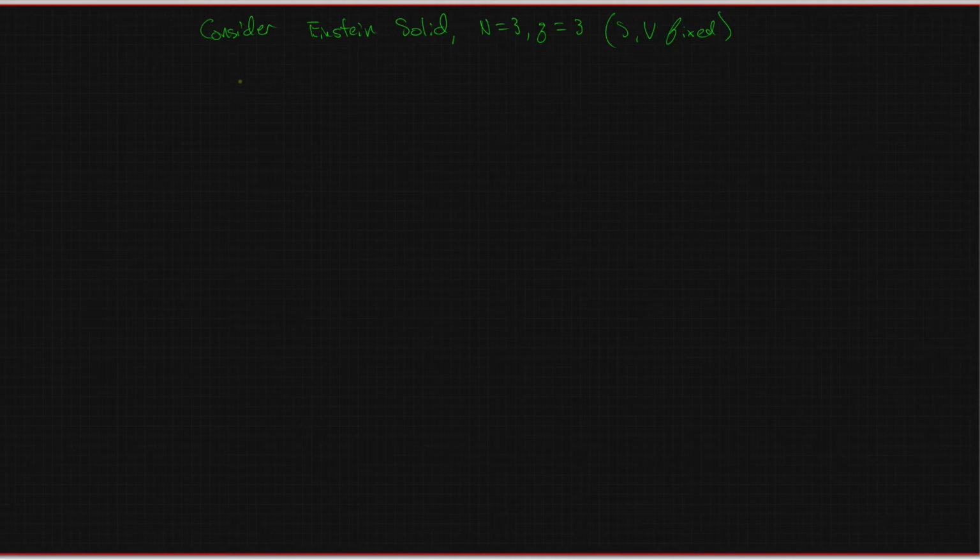If we start off with a system like this, the multiplicity, 3 comma 3, can be written as N plus Q minus 1, so 3 plus 3 minus 1, choose Q, which is 3. This just becomes 5 factorial over 3 factorial times 5 minus 3 factorial. Calculating that out, we would just get 10. So that's what it has initially.